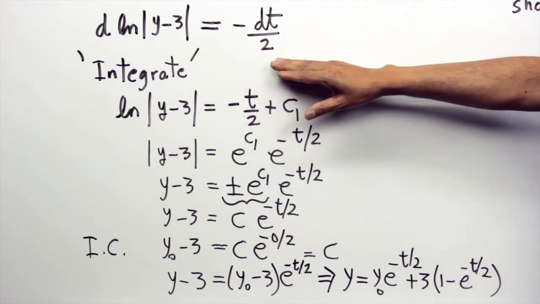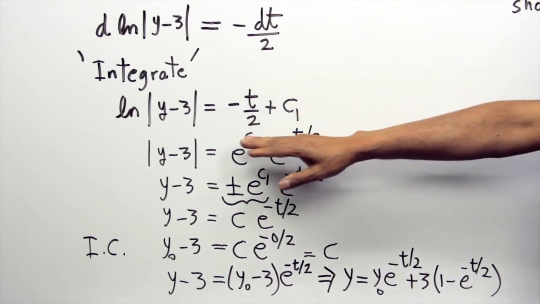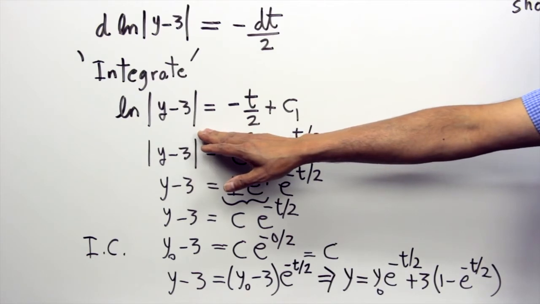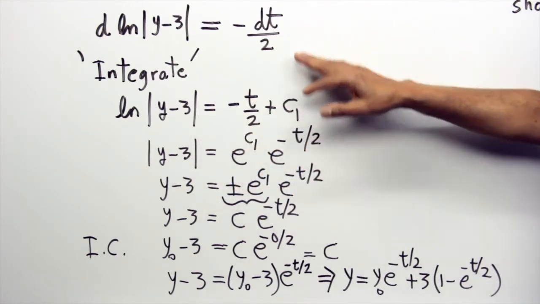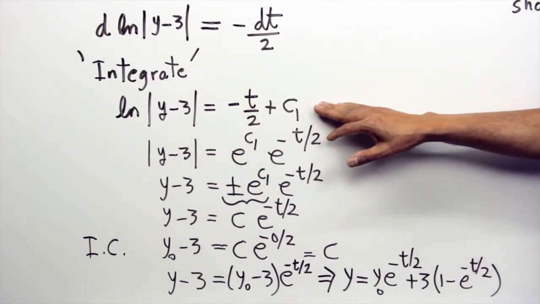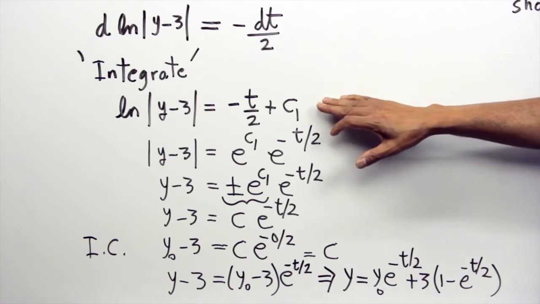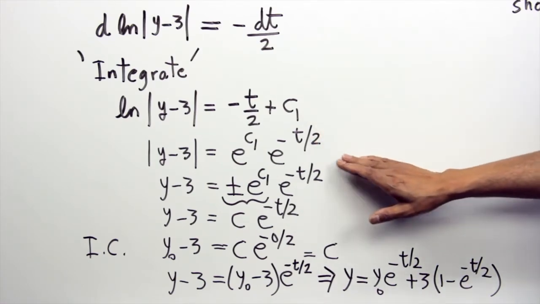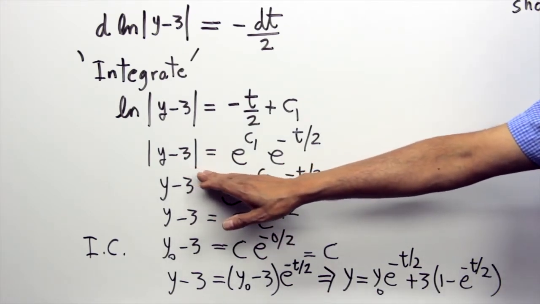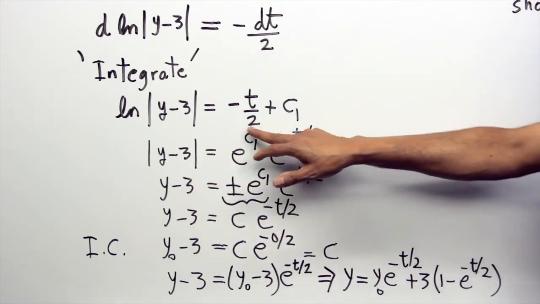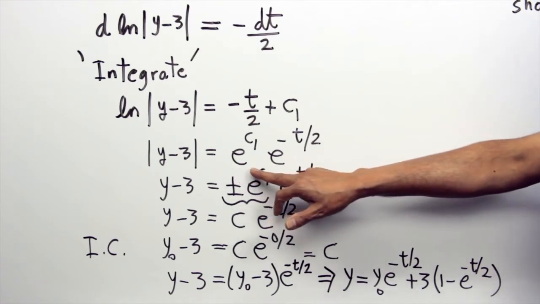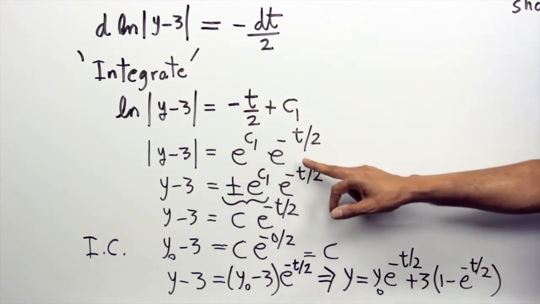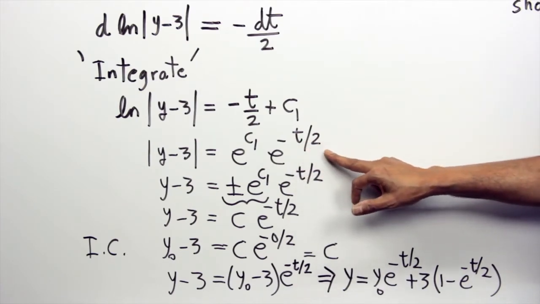So we can integrate this equation immediately, and that gives us log of mod of y minus 3 on the left hand side equals minus t over 2 plus an arbitrary constant c1. And so now we are ready to do algebra with this. So we take the exponential of both sides, and so we then have mod of y minus 3 equals the exponential of this, which is equal to the exponential of the constant times the exponential of minus t over 2.